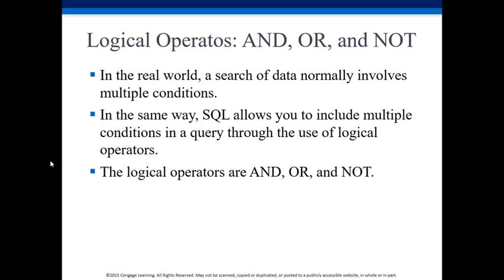For example, if score is greater than 10 and height is greater than 5'6". We can also do that here. We can combine multiple conditions in the WHERE clause. In the real world, it usually involves multiple conditions.